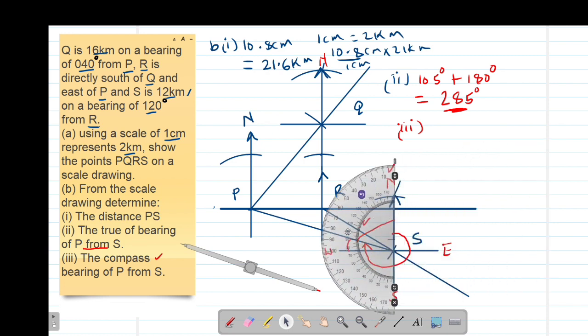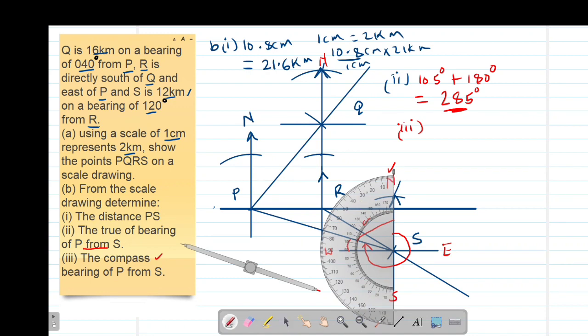So let me measure that particular angle on the upper side. I'm using the outer scale. This is around 70, what? This is 75, because it's between 70 and 80. So this is the angle that we are looking at.